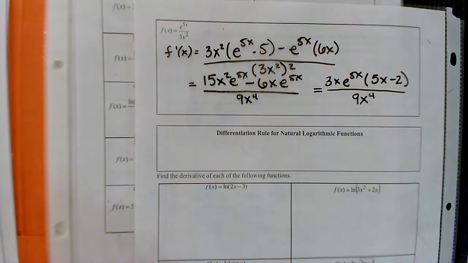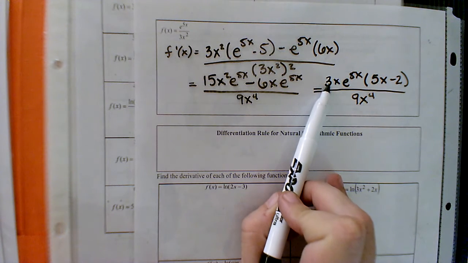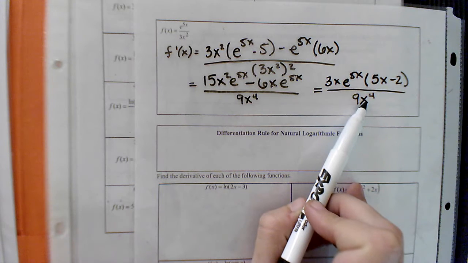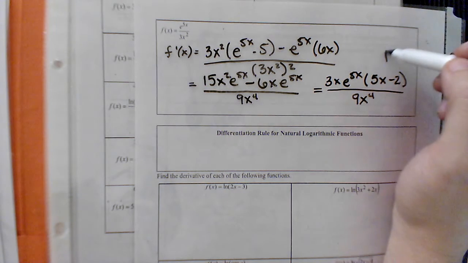So by factoring, maybe we can actually cancel some things out because we're working with division. Notice how the 3 divided by 9 could simplify. The x divided by x to the 4th could simplify.